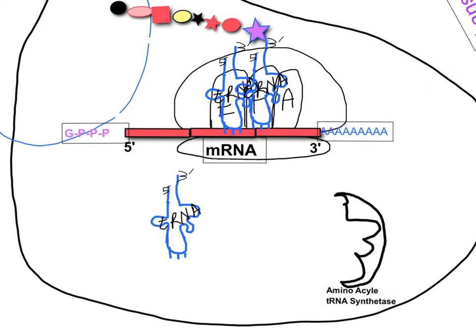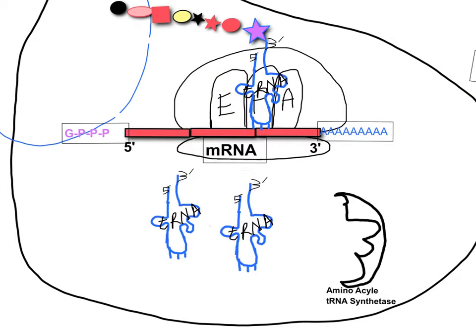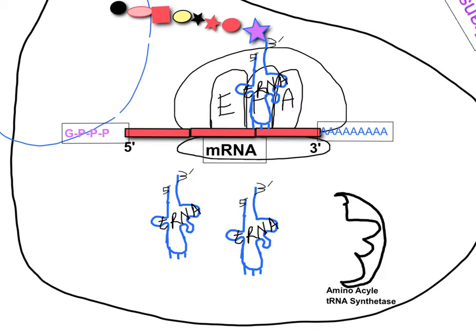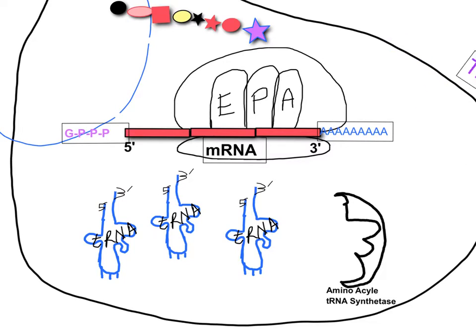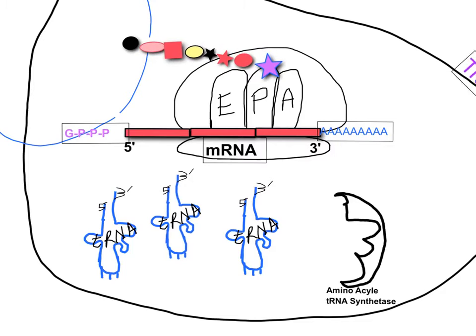The transfer RNA present on the exit site will leave, and the one on the P site will also go to the E site and finally leave. And now at the end we finally have a chain of amino acids, a polypeptide chain formed by the process of translation.